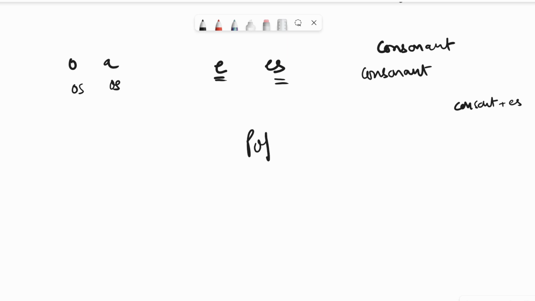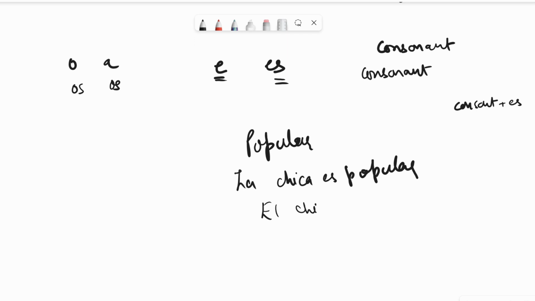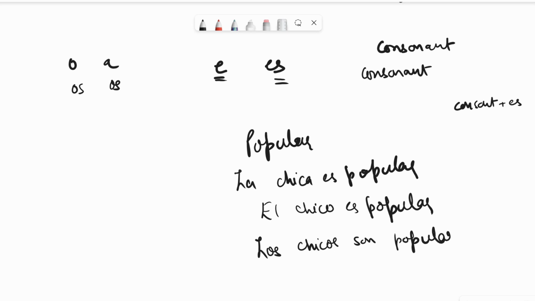For example, popular. Popular is popular. Now, if I wanted to say the girl is popular, la chica es popular. The boy is popular, el chico es popular. No changes here. If I wanted to say the boys are popular, los chicos son populares.